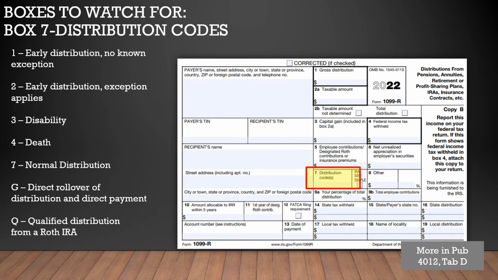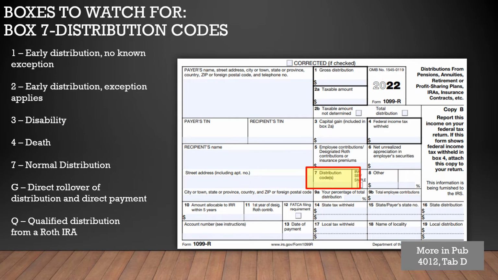However, there are circumstances where if our taxpayer is disabled and the code is 3, there's a checkbox on the input screen where this gross distribution can be moved to earned income, and it would show up on the 1040 on line 1 where the wages show up. And this helps them to qualify for things like earned income tax credit.